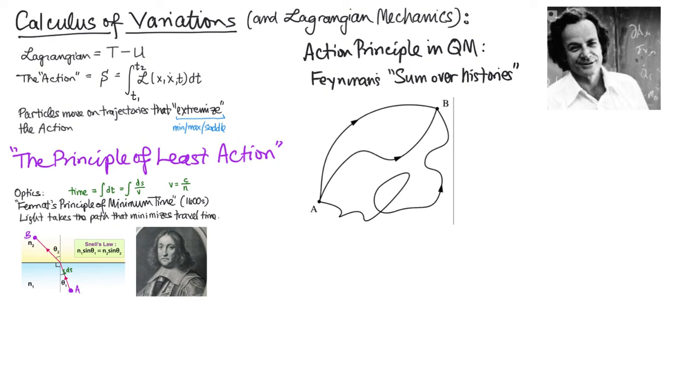Now, each path contributes with an associated phase. And for the case of a photon going from A to B, you can think of the phase as being kind of an arrow in space, and that arrow is rotating, making one cycle at a rate given by the frequency of that photon.